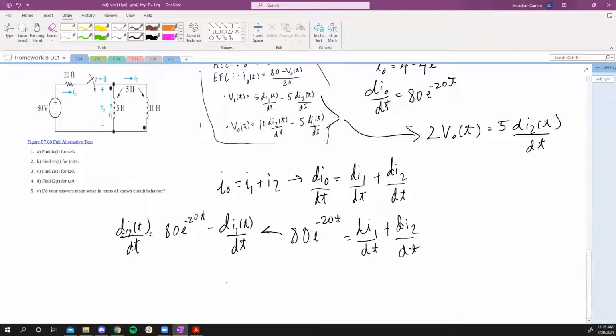Okay. So then we can go ahead and plug this back into this. So 80e to the negative 20t equals, or not back into this, then back into this.